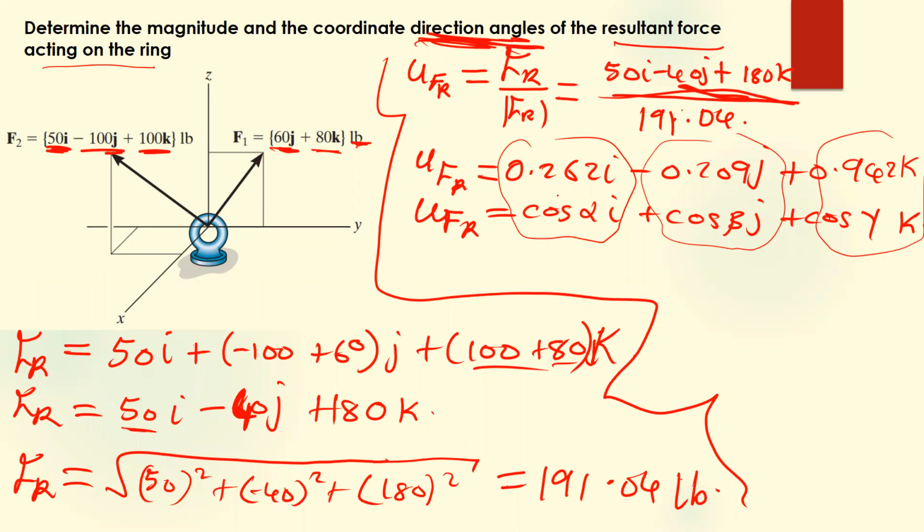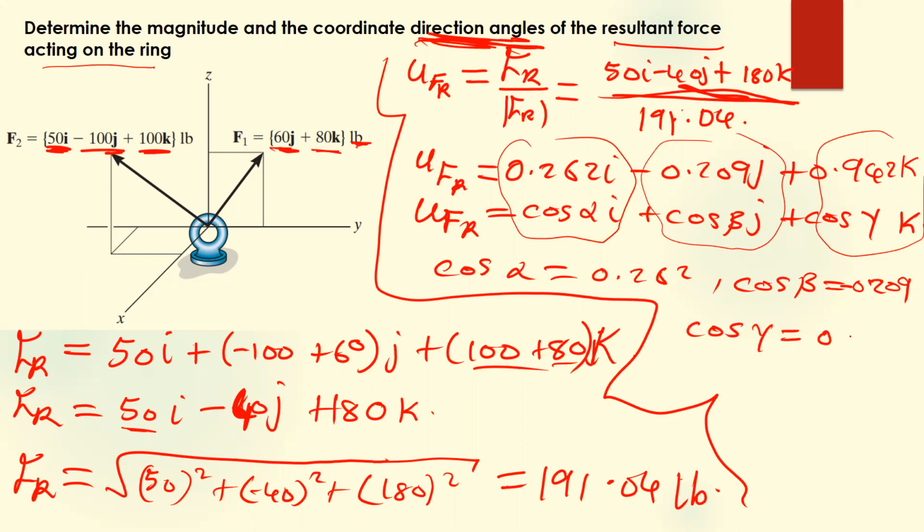So what this means is that I'm going to equate cos alpha to 0.262. Then I'll also equate cos beta to negative 0.209. Then I'm also going to equate cos gamma to 0.942.